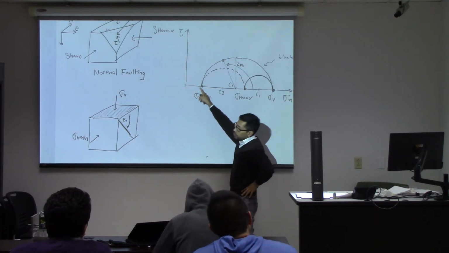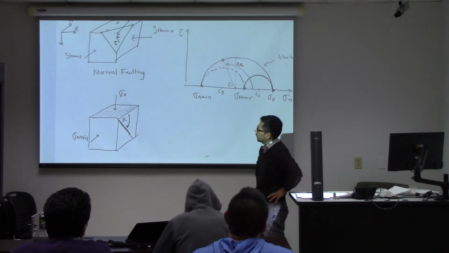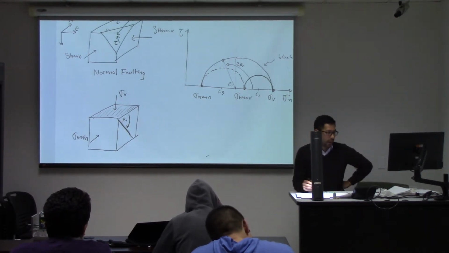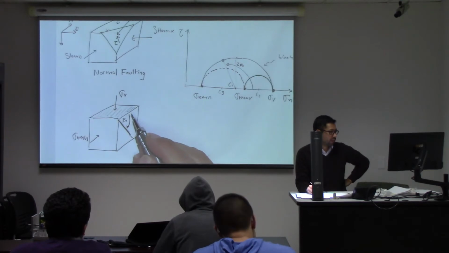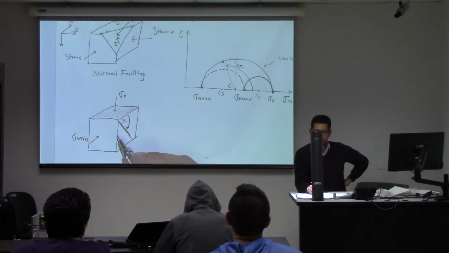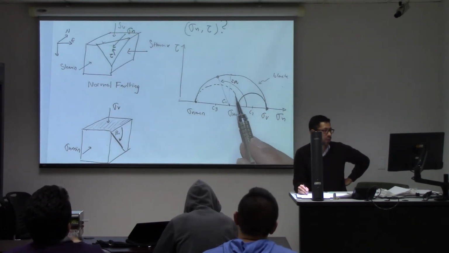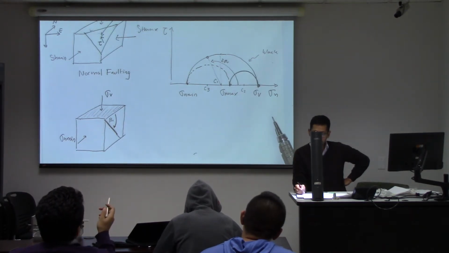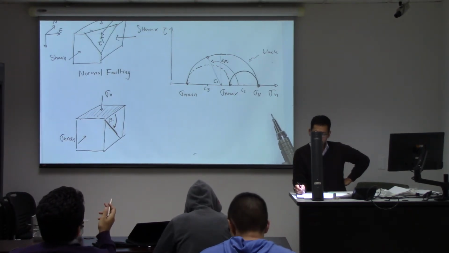So if I asked you to tell me the shear stress and normal stress on a plane which is 45 degrees from the horizontal plane in the direction of SH min, which is going to be that point here in the Mohr circle? 2 times 45 degrees.